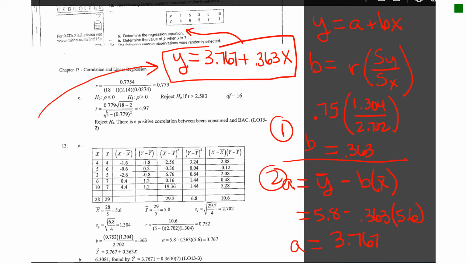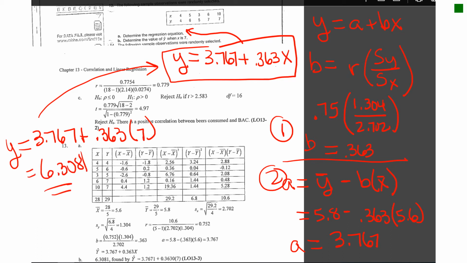You just plug it in for x. So y is equal to 3.767 plus 0.363 multiplied by 7. Then you just multiply it out and solve it. Once you do that, they give you the answer down here at the bottom, and the answer is about 6.3081 approximately.